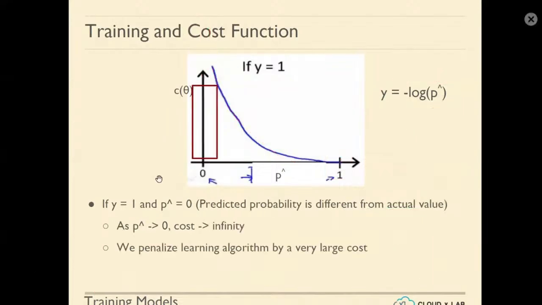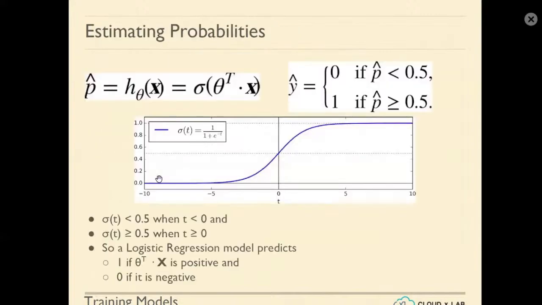So this probability p hat, you can also think of it as whenever the model is confident. If this p hat value is 1 or a very high value, the model is highly confident that its class is positive. Likewise, if p hat is a very small value, the model is highly confident that its class is negative.